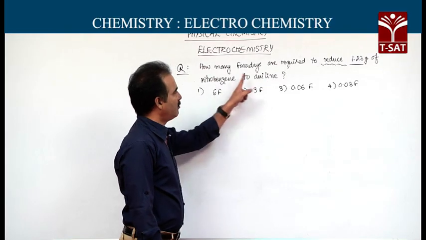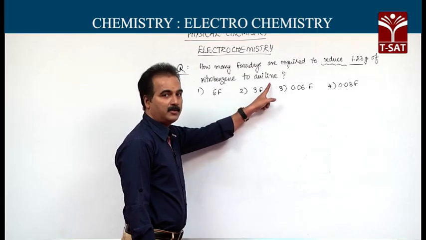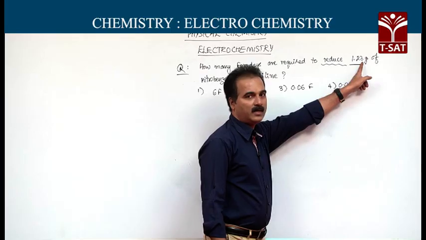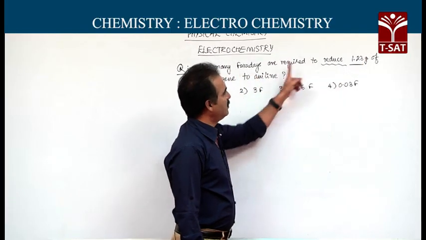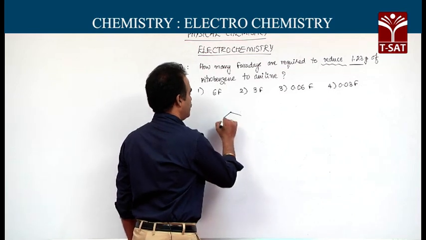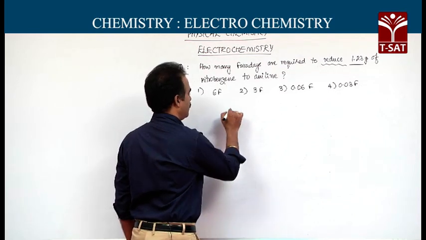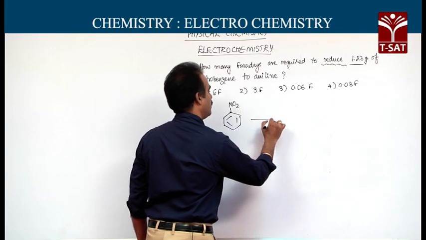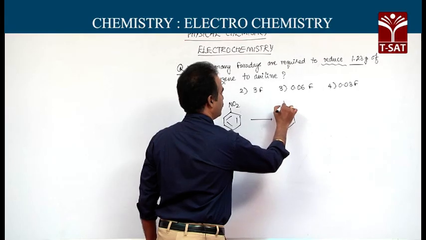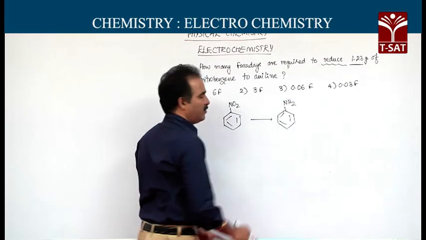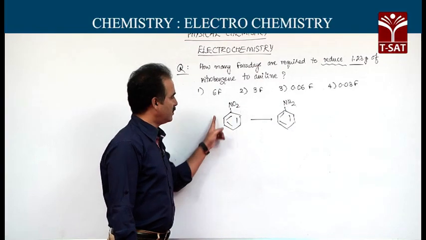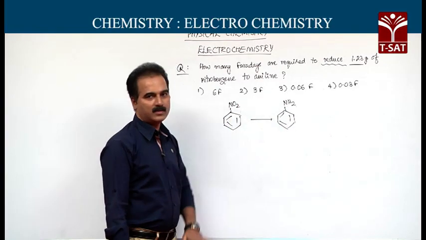So, here nitrobenzene is undergoing reduction to aniline, and for the reduction of 1.23 grams of nitrobenzene, how many Faradays are required? Nitrobenzene is reducing to aniline, and if you see the oxidation states of nitrogen here and there, because the remaining atoms will have the same oxidation state.